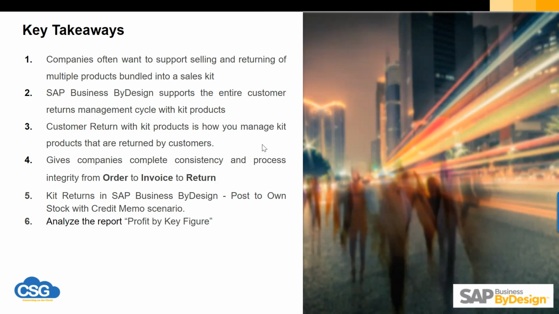Customer return with kit products is how you manage kit products that are returned by customers. It gives companies complete consistency and process integrity from order to invoice to return. Last week we saw order to invoice, and today we saw how we can return. We saw the kit return in SAP ByD, post to own stock with credit memo scenario. And then we can analyze the report, which is profit by key figure.